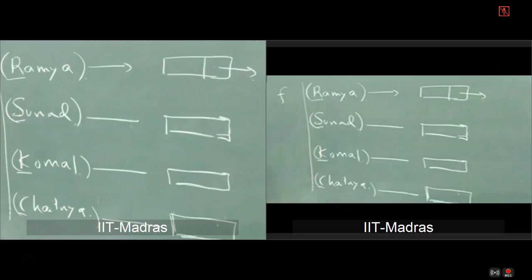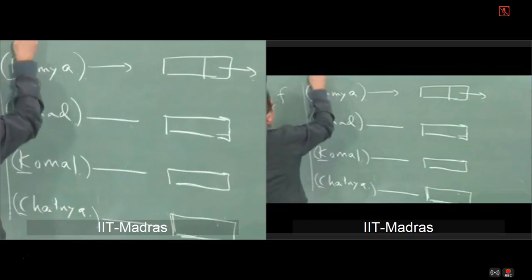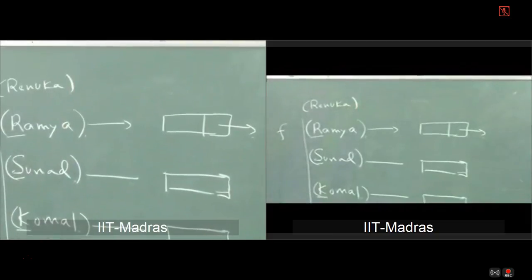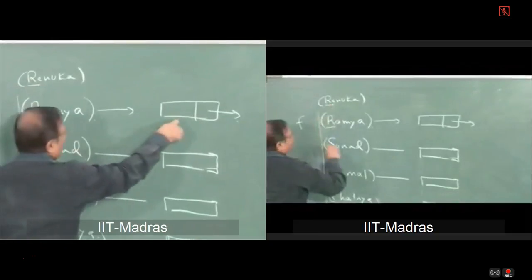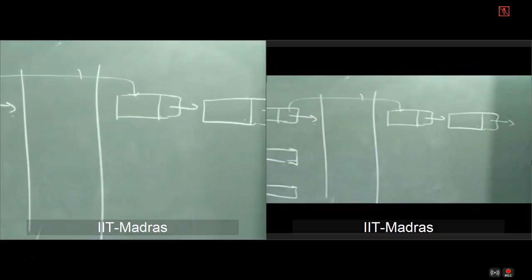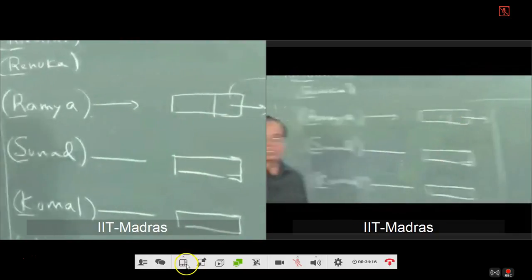Now what happens if I start inserting another name called Renuka? Now this R, if I take just R, maps into the same bucket. You can start seeing that as I start inserting more and more with the same letter, that overflow chain starts growing.